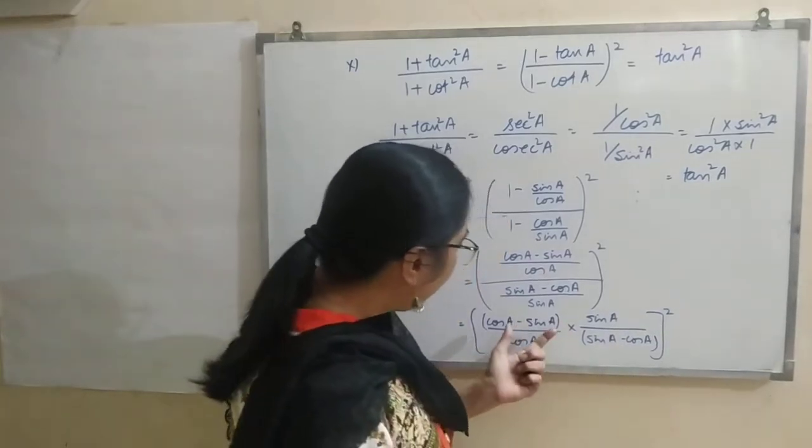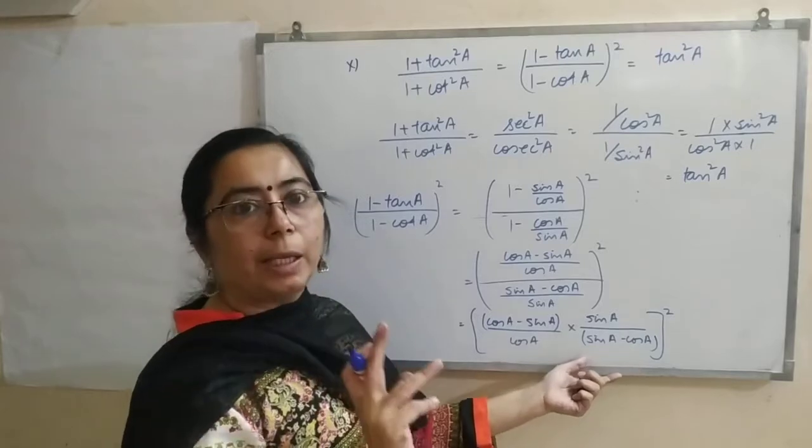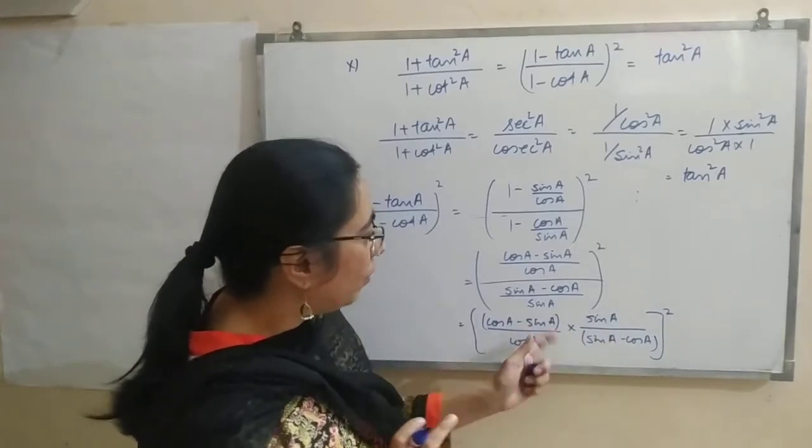I can see here cos A minus sin A, and here it is sin A minus cos A. Taking the negative sign common, these terms will be the same.